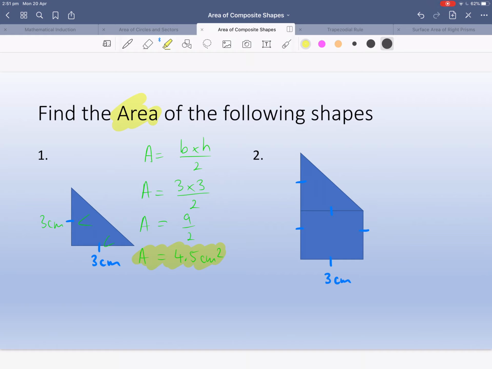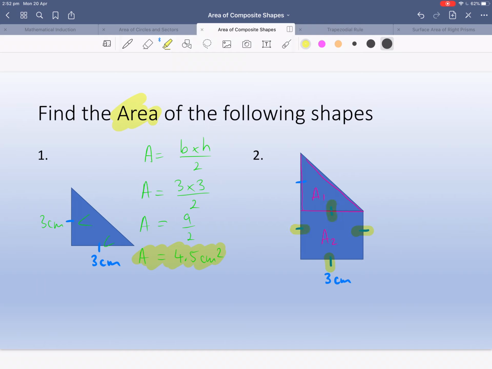Now, this is not a composite shape. This is just a normal individual shape. But if we look at example number 2, this is 2 shapes. First of all, here we have a triangle, so I'm going to call that area 1. And here it looks like we've got a square. The reason I know it's a square is because all the sides are exactly the same.